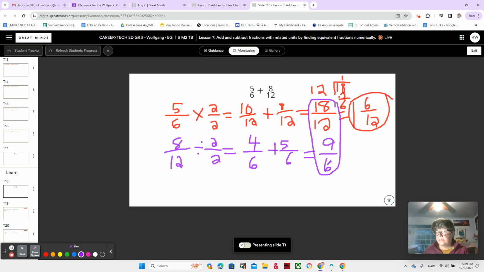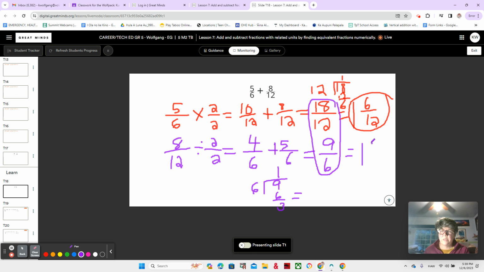Are these two equal? Can I multiply 6 times 2 and get 12, and 9 times 2 and get 18? So it's the same amount, it's just that this one is broken into more pieces, right? So let's see, 9 divided by 6 is 1, and 3/6.